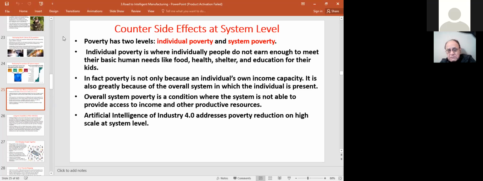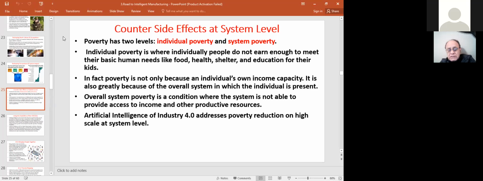If the overall system is not able to provide education, food, and shelter to the communities as a whole, that is called a failure of the system.